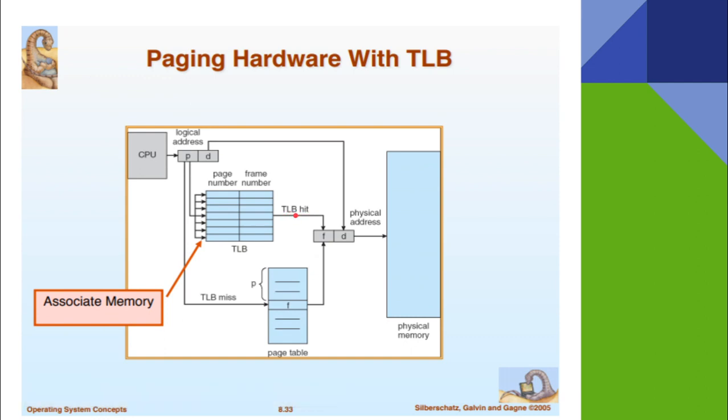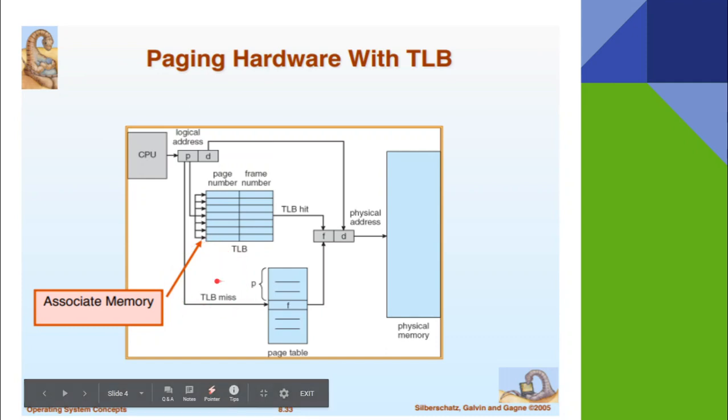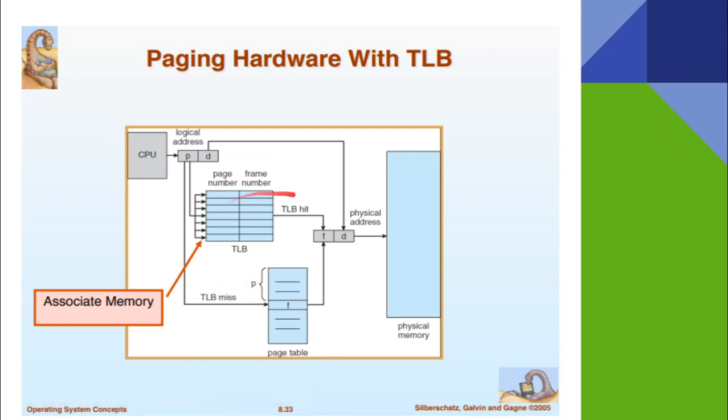A TLB hit is when the necessary page is available in the TLB, so the frame number can be obtained directly and there can be access to the physical memory. But in the case the particular component is not found in the TLB, it is a TLB miss. In that case the page table is checked to see whether it contains the frame number for the page, and then the page has to be loaded into the main memory.